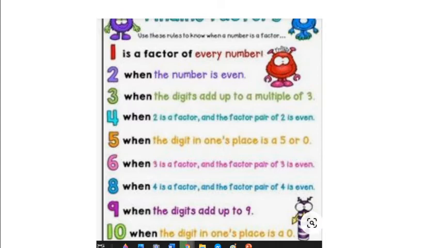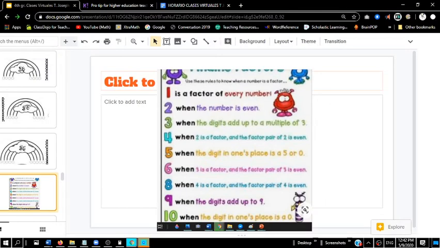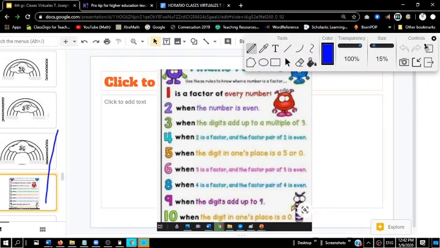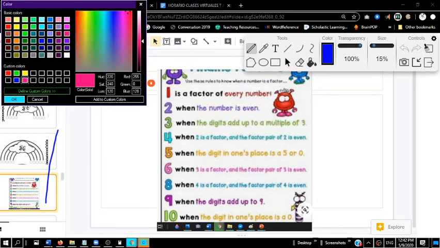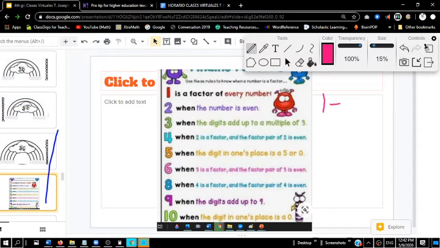3 is a factor when the digits add up to a multiple of 3. And you can read the rest of those. The one that I really want you to pay attention to is that last one. It says 9 is a factor when the digits add up to 9. So for example, let me actually give you an example. If we add up 1 plus 8, that is going to give us 9, right?